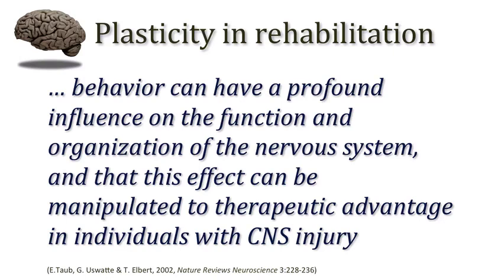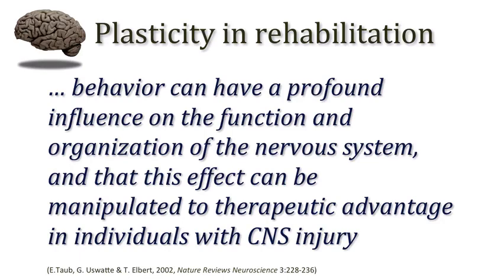What Taub and his colleagues wrote some years ago in a really excellent review in Nature Reviews Neuroscience is that behavior, that is, the sensory and motor experiences of our bodies, can have a profound influence on the function and organization of the nervous system, and that this effect can be manipulated to therapeutic advantage in individuals with central nervous system injury.